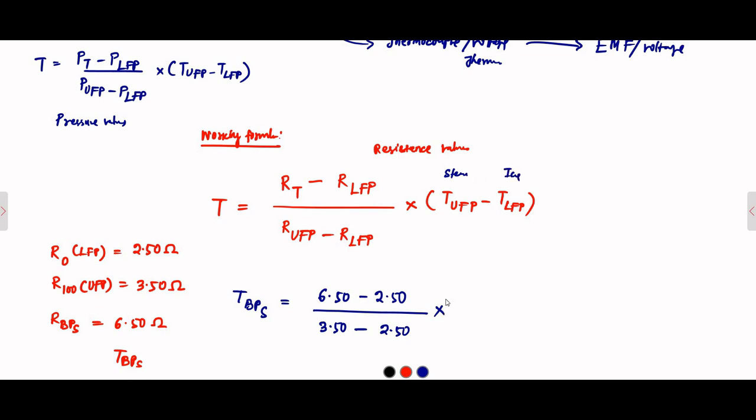Here it is mentioned specifically in the question that the steam point and ice point measure 100 degrees Celsius and 0 degrees Celsius. So it is 100 minus 0.